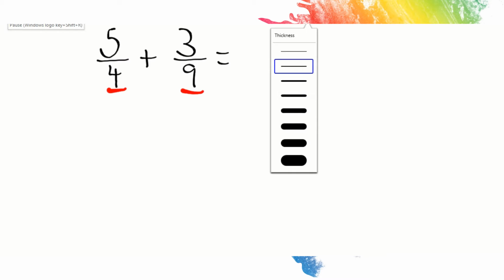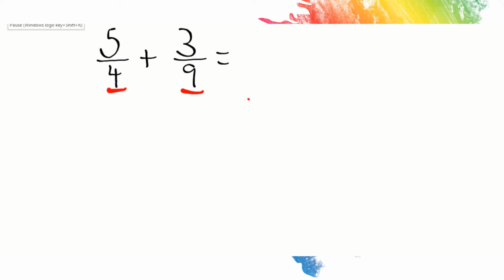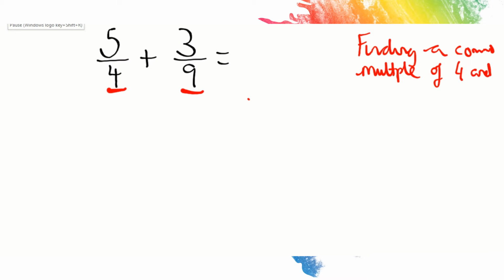So what I'm going to think about is finding a common multiple of 4 and 9.